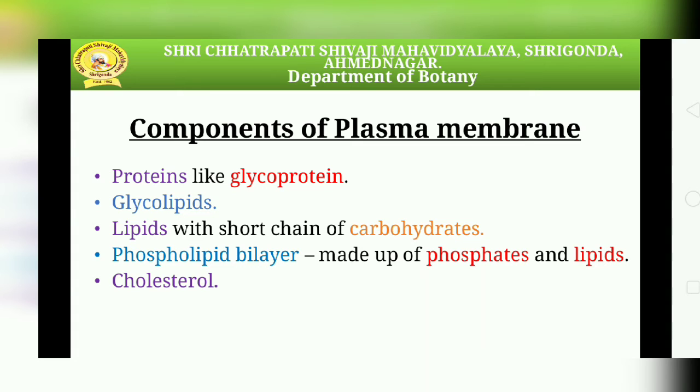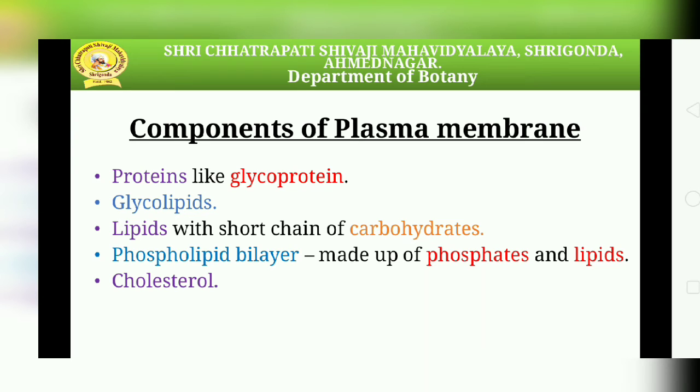Next, various components are also present in the plasma membrane. As we discussed, these are the proteins, then lipids, phospholipids and cholesterol. Proteins like glycoproteins are used for cell recognition and act as receptors and antigens. Glycolipids are attached to phospholipids along with sugar chains, with short chains of carbohydrates attached on the extracellular side of the membrane.